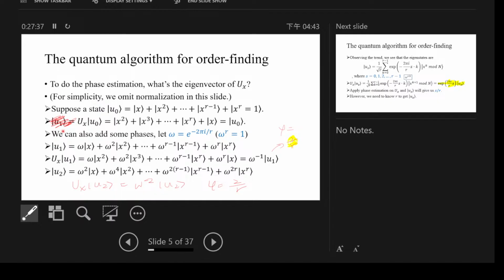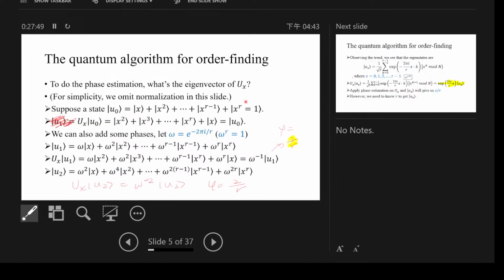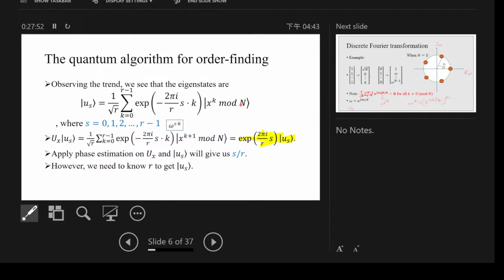So s equals 0, s equals 1, s equals 2. So U sub s, with the right normalization, is 1 over square root r, because there are r different computational basis states here, times the sum over k from 0 to r minus 1 of omega to the power s k times x to the k mod N.